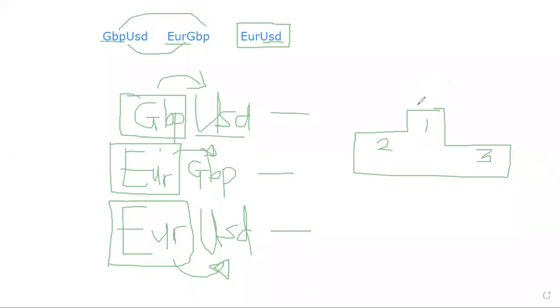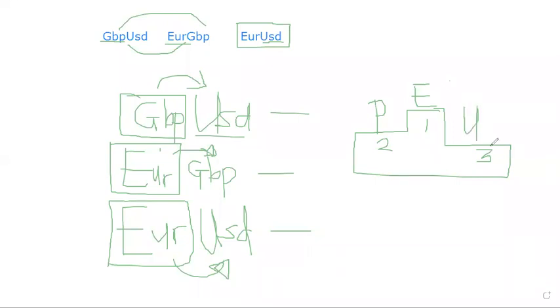Beautiful. On the first position, we have euro. Our second position is pounds, and then that means our third position is dollar.